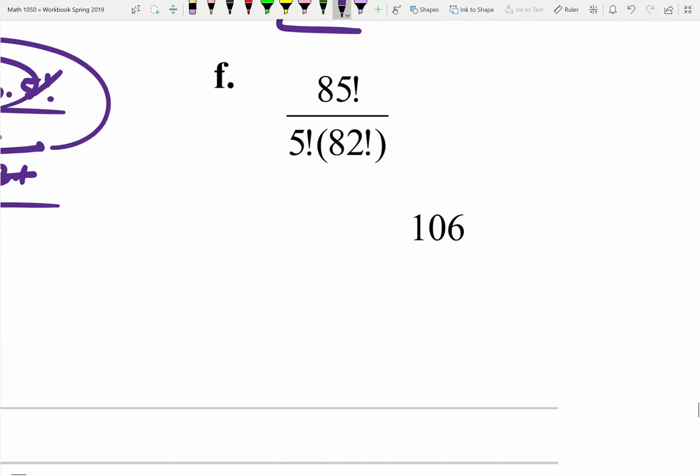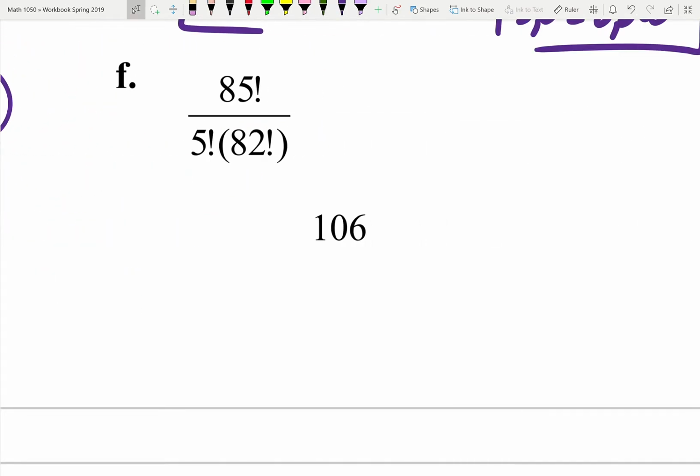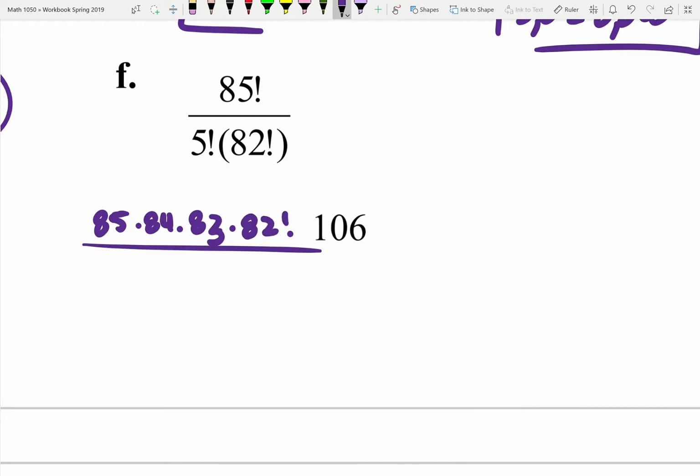Okay? Okay, look at this one. You have 85 times 84 times 83 times 82 factorial over 5 times 4 times 3 times 2 times 1 times 82 factorial. So the reason I stopped at 82 factorial is because those will cancel, right?